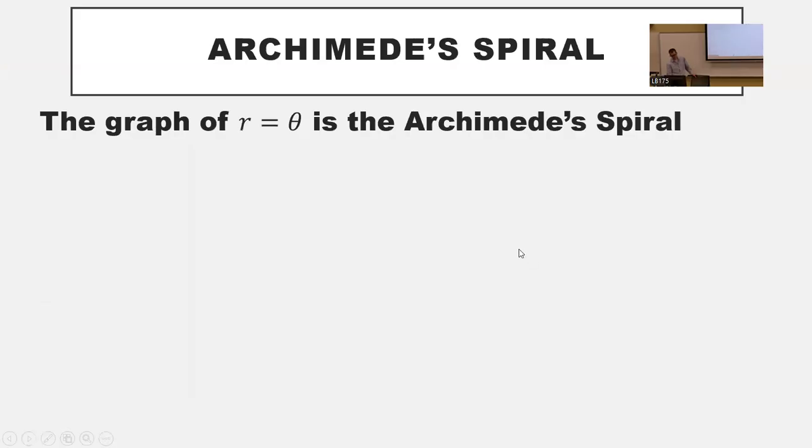Those are called Archimedes spirals. The Archimedes spiral is r equals theta, and then we just have other coefficients in front of that, which makes a tighter or more broad spiral shape. But that's called an Archimedes spiral, r equals theta.